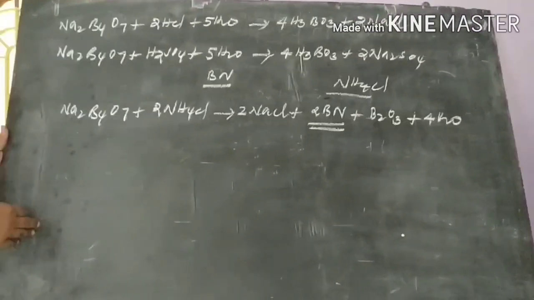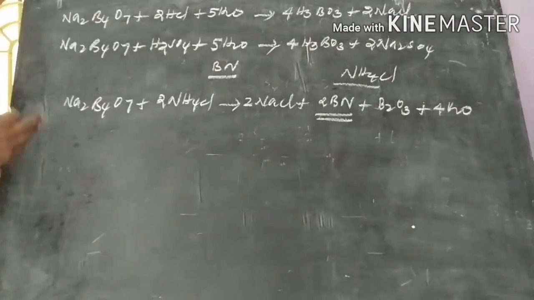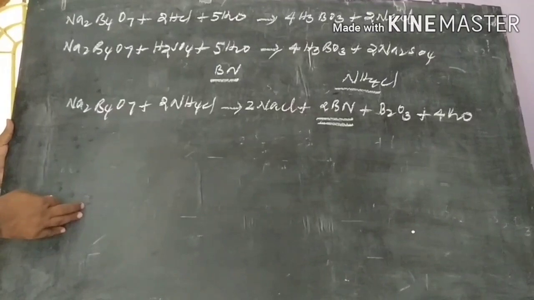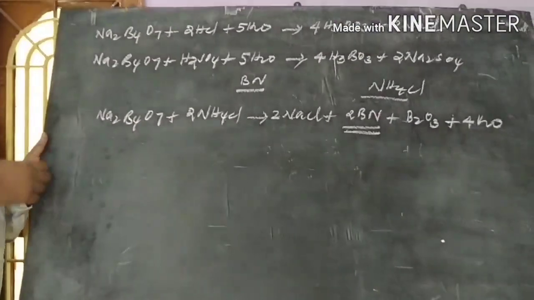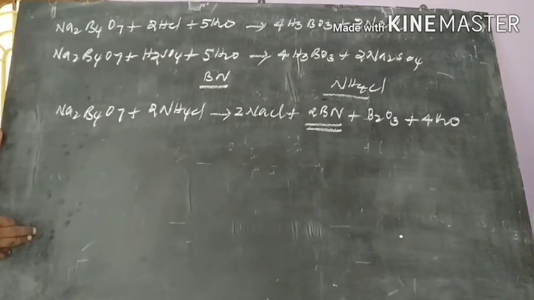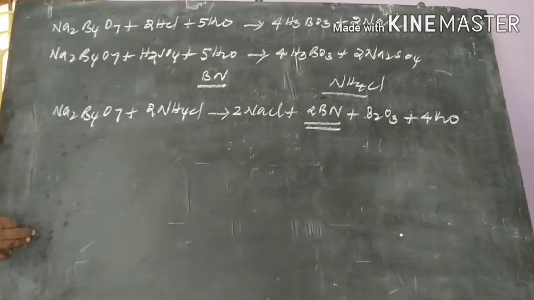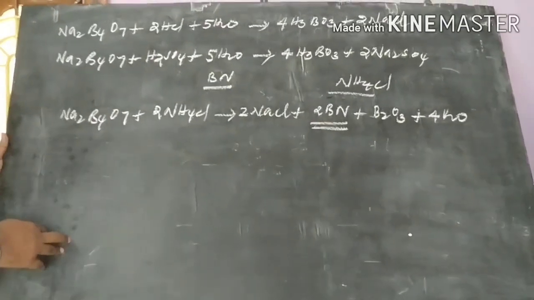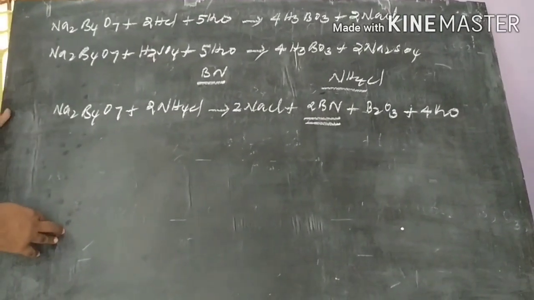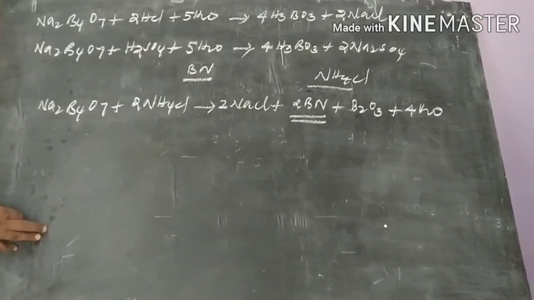Next, uses of borax. Borax is used for the identification of colored metal ions. In the manufacture of optical and borosilicate glass, enamels and glasses for pottery.